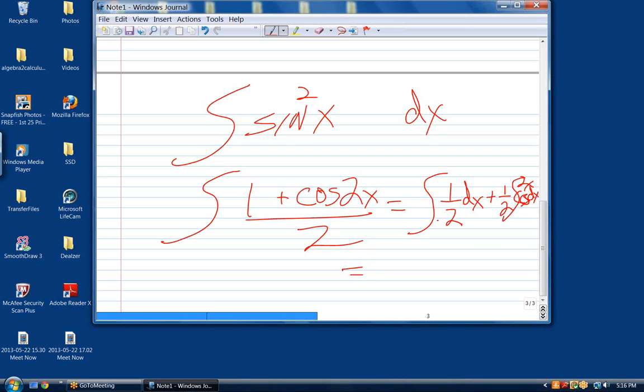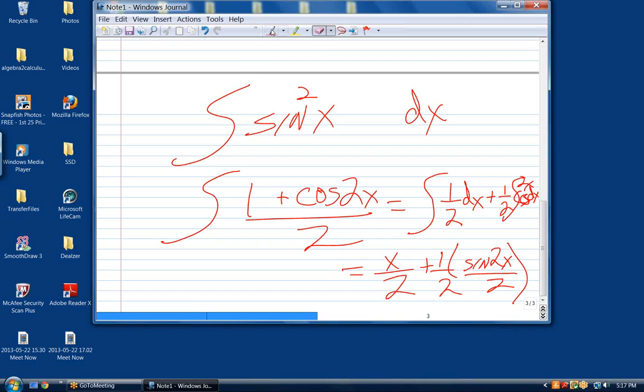Okay, now the integral of 1/2 dx is x over 2 plus the integral of cosine of 2x is sine, negative sine rather, of 2x divided by 2. Notice that if I take the derivative of negative, excuse me, the integral of this is positive. That's not a negative sign.